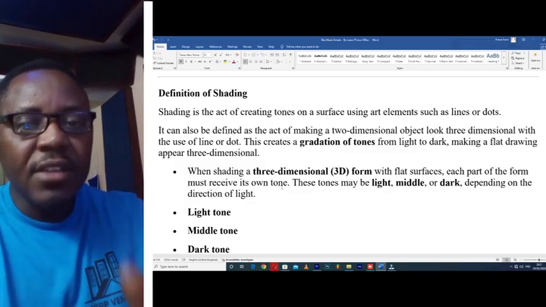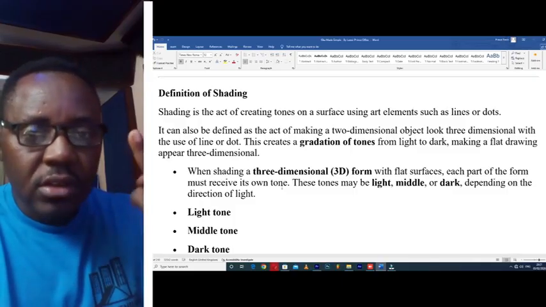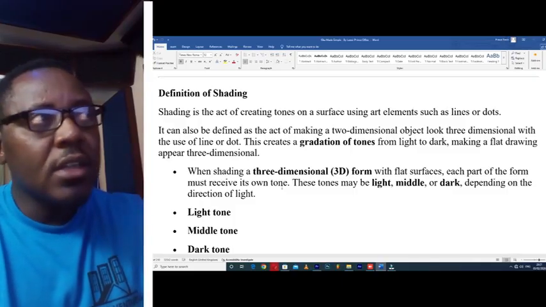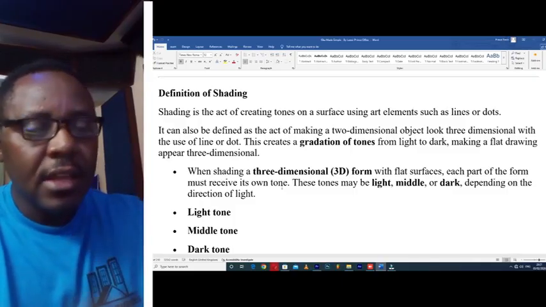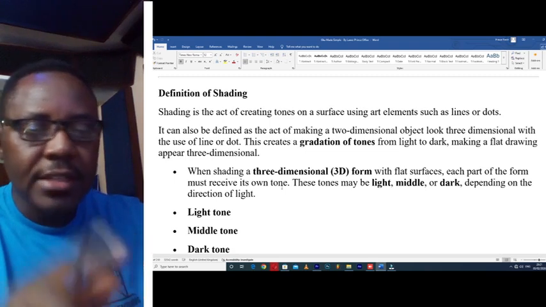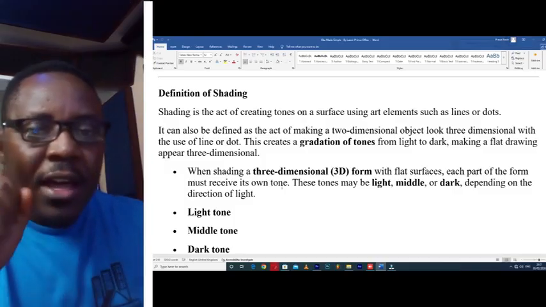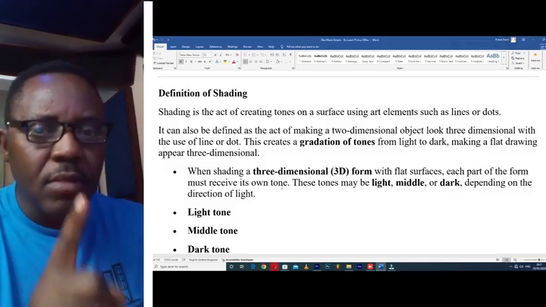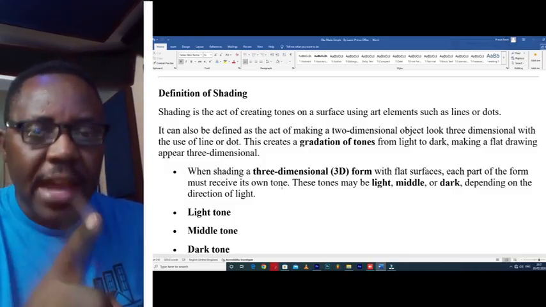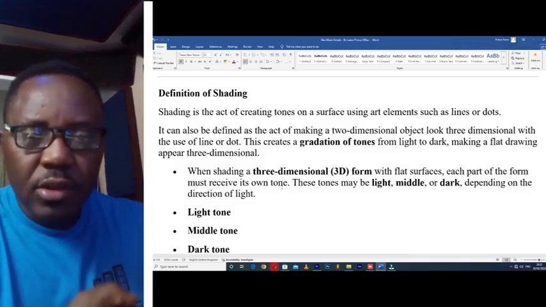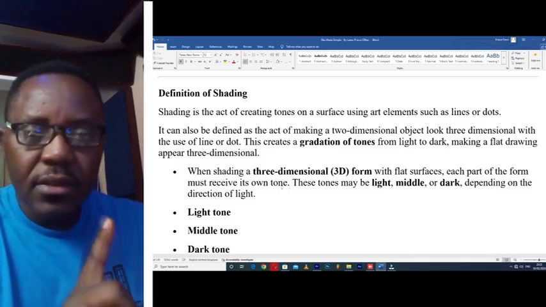Because it has these three sides, it is called three-dimensional. And what this sentence is trying to say is that when you are shading, you must make sure that every part of the surface receives a different tone. So one part will receive the dark tone, another will receive the middle tone, and the other will receive the light tone.